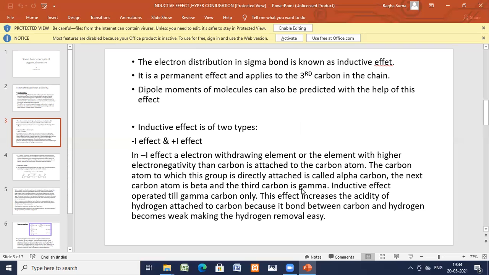So you can observe the inductive effect till gamma carbon only, and due to this effect acidity is increased. The H plus ions are lost from the molecule which are attached to the carbon atom. Because the hydrogen is more positive and has become weak, it is lost. So the acidity is increasing.